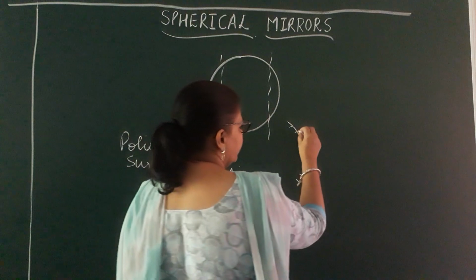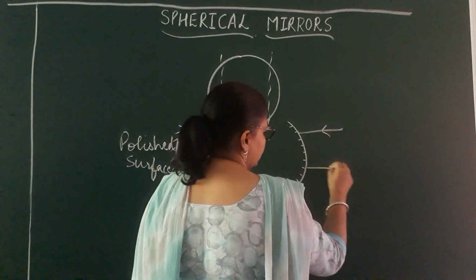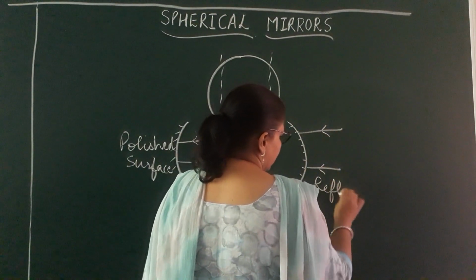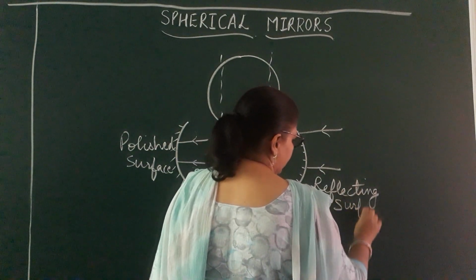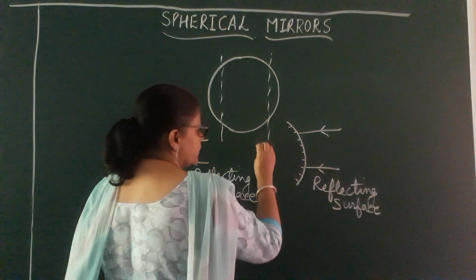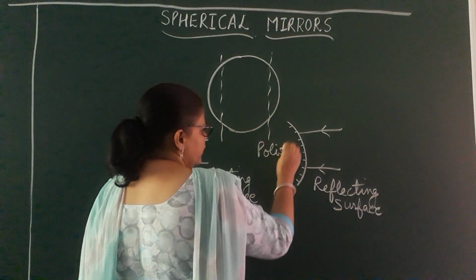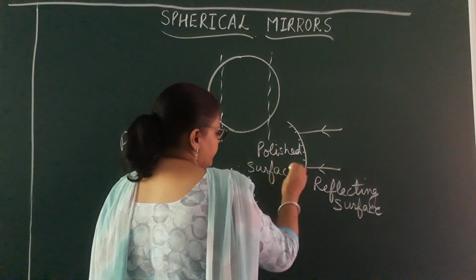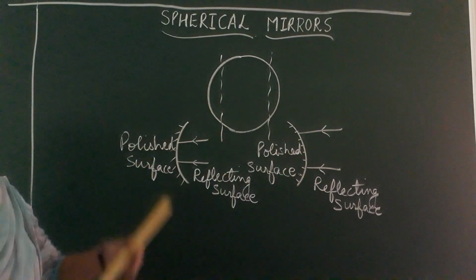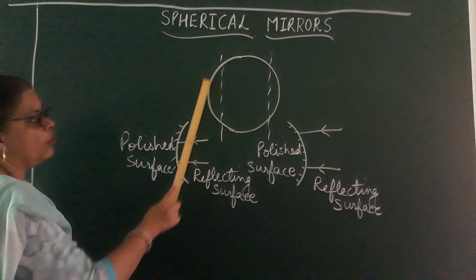And similarly here, this is the reflecting surface, and the inner surface is the polished surface, right?